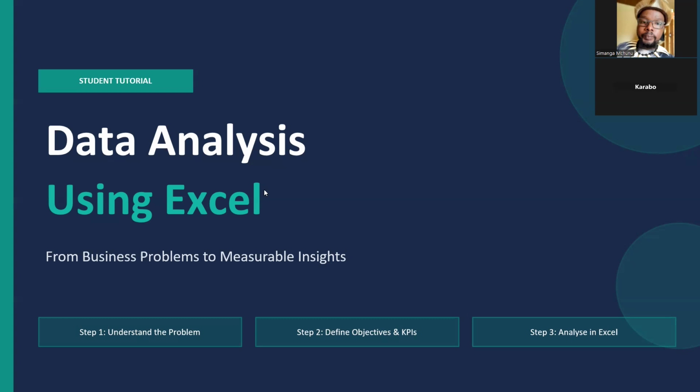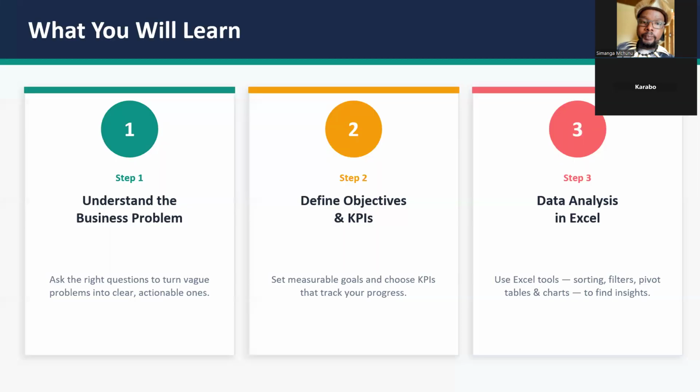Okay. And then understanding the business problem: ask the right questions to turn the vague problem into clear, actionable ones. It means understand what the problem is all about, and then divide that problem into pieces.